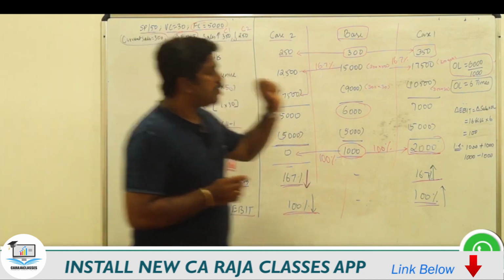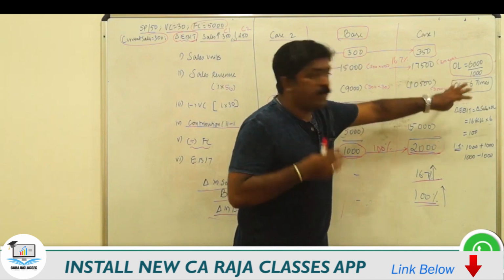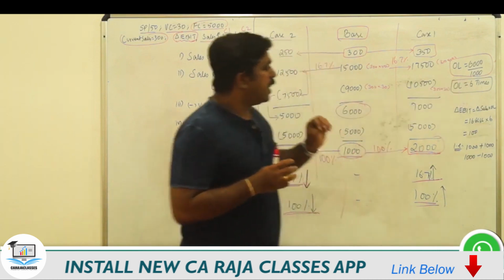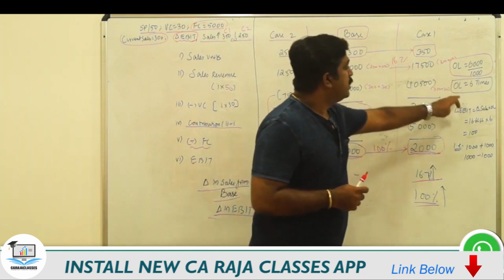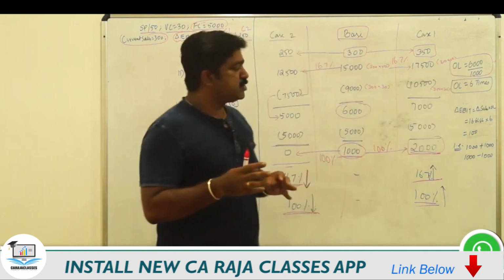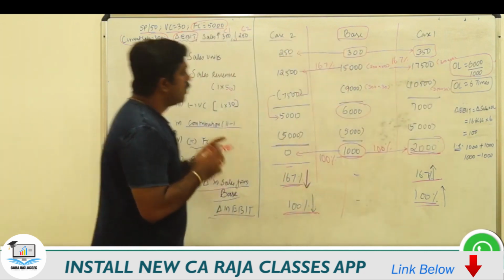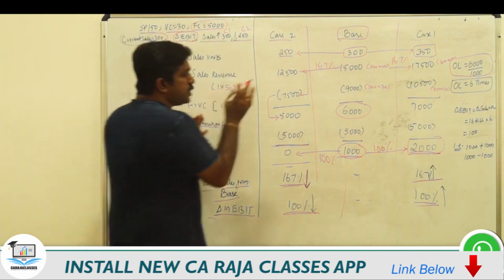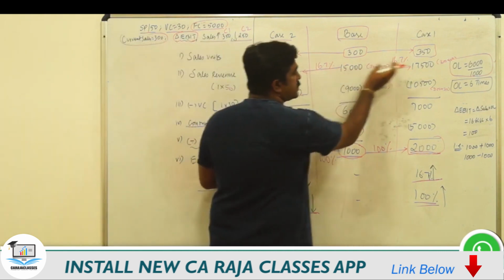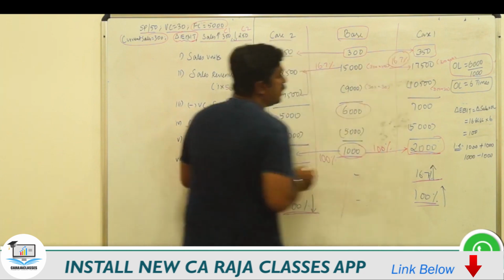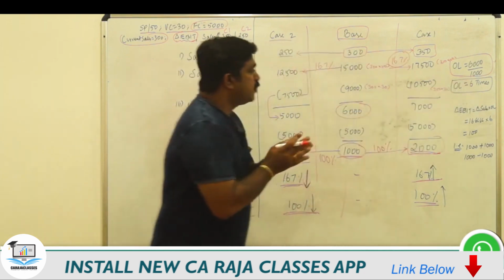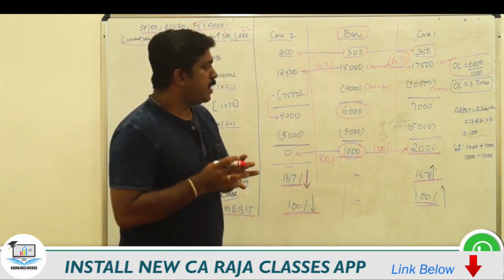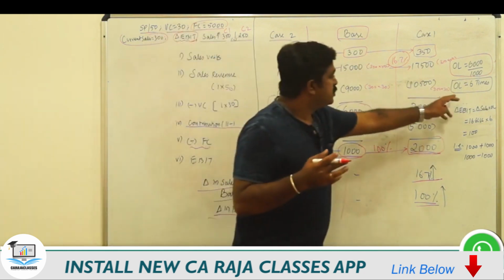Understand, this operating leverage says that your EBIT will undergo a change of 6 times when there is going to be a one-time change in sales. How? Have a look at this. Here your sales changed by 16.7%, right? And what is your operating leverage? 6 times. And what I am saying is, your EBIT will undergo a change by operating leverage times.